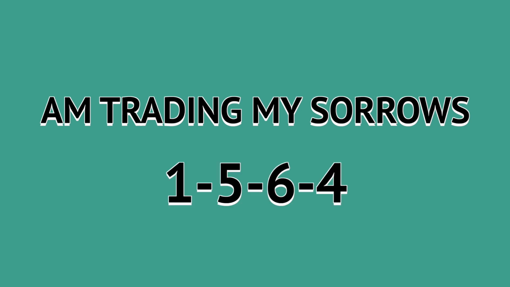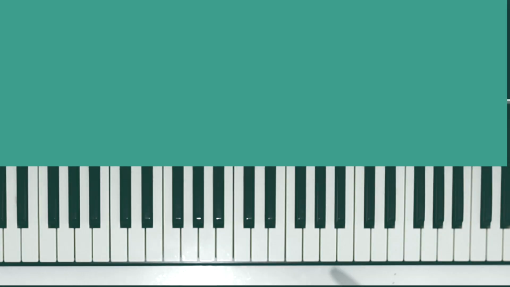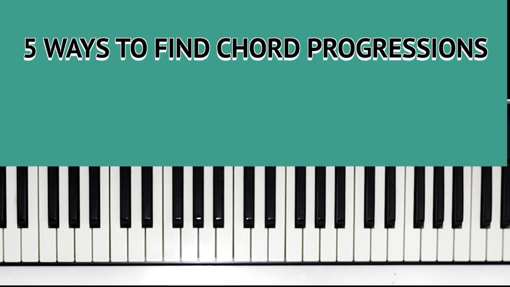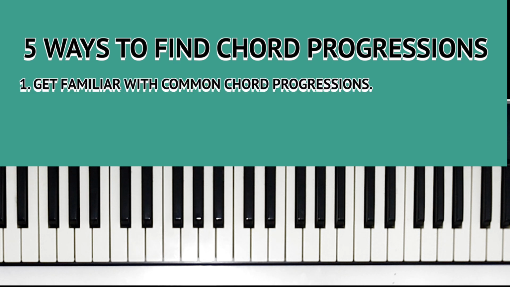If you have identified and come up with the progression 1 5 6 4, you are correct. All right? So that's number 1: get familiar with the common chord progressions. Now I'm going to play different exercises for you, different progressions, and you're going to try to identify which progression I am playing.